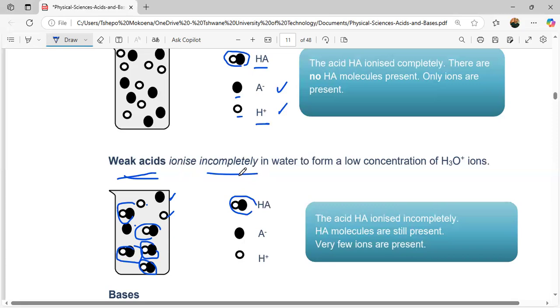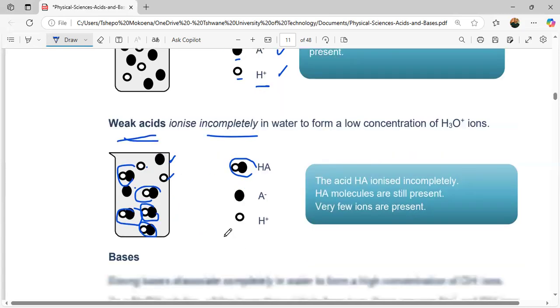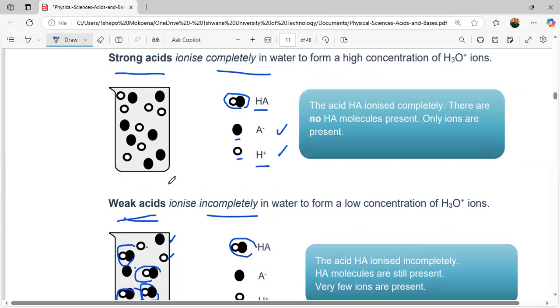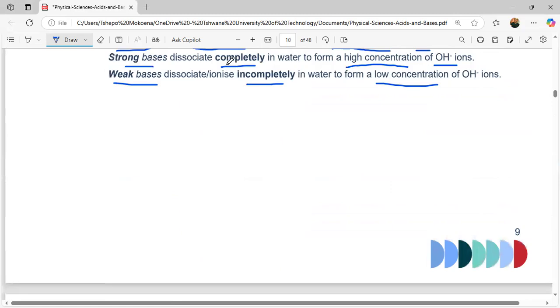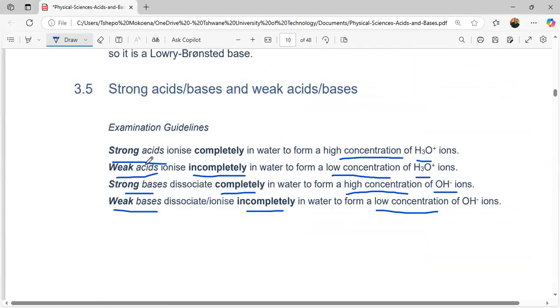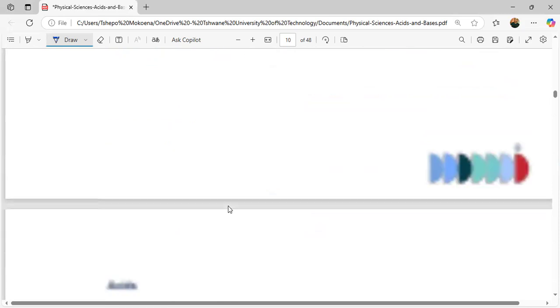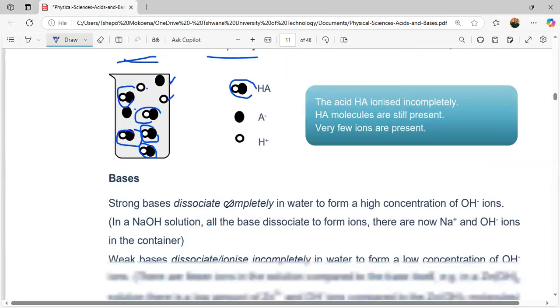You get my point? So sometimes in an exam, they can give you diagrams like this and ask which diagram, A or B, has a weak acid. You should be able to spot it just by looking at this combination. So this is just a way of showing these definitions for strong and weak acids, strong and weak bases. Okay, right.